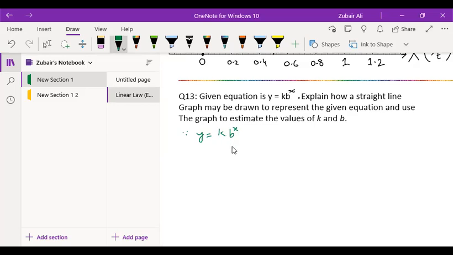So what should we do? We should apply log. We can either apply base 10 log, which is Lg, or natural log, which is Ln. So I think I'm applying here Lg. If you apply Ln, by applying any one of these, you can find the same result if you are working correctly.